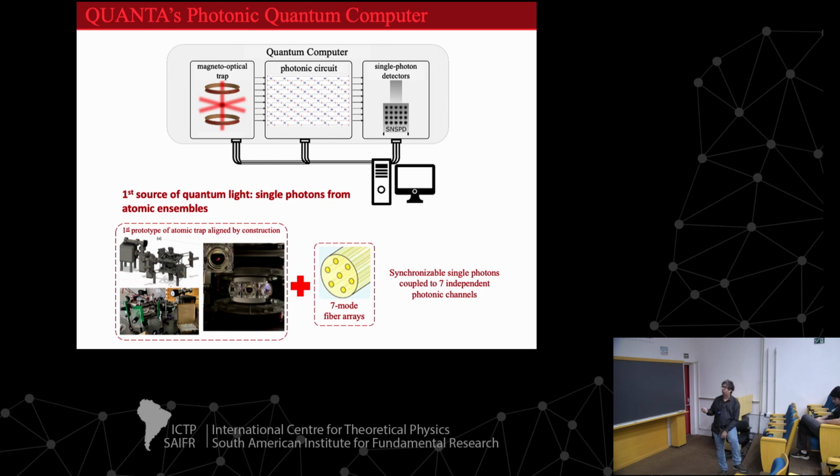If these were multi-core fibers, then we can actually use them to connect. This fiber array means that they are just a bundle of fibers together, and then they separate into 7 different single-mode fibers. But we can do other stuff. And the other thing is that we have some prototypes for the magneto-optical traps that are more plug-and-play, in the sense that we now have a specific project to develop atomic traps that are more user-friendly.